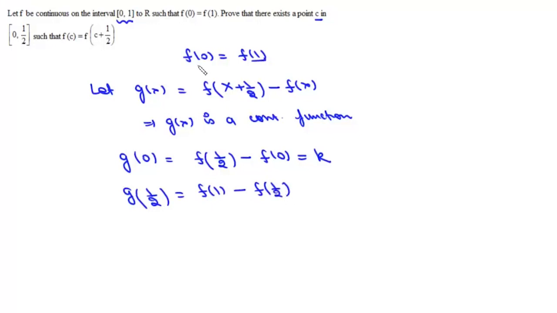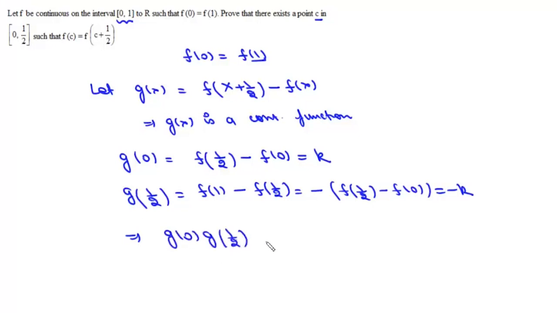Then the question says f(1) is equal to f(0). So it will be f(0) minus f(1 by 2), which is minus k. Now we multiply them, we can write g(0) into g(1 by 2) will be equal to minus k square, which is less than or equal to 0.